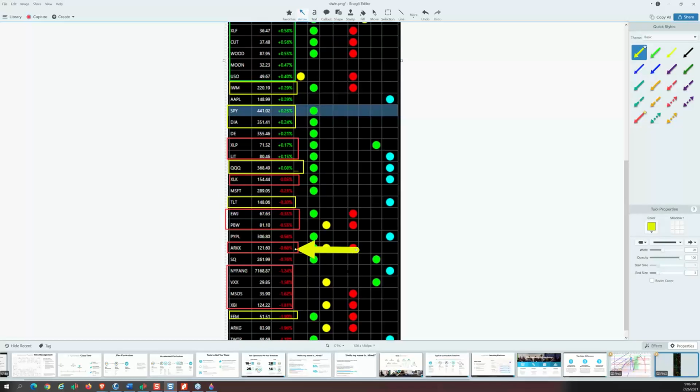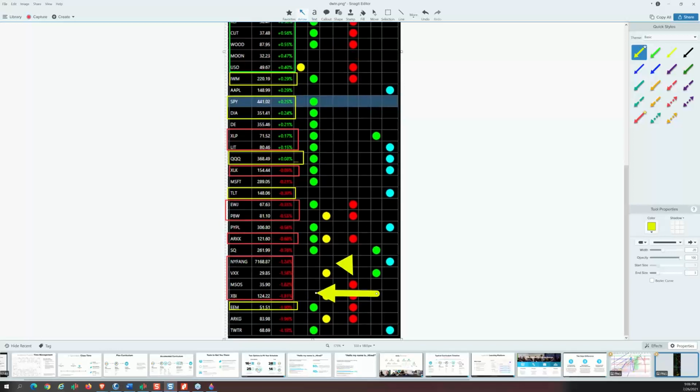The FANGs, 1.25. VXX, 1.6. That actually bodes well for tomorrow. Marijuana, 1.6. S&P Bio, 1.8.